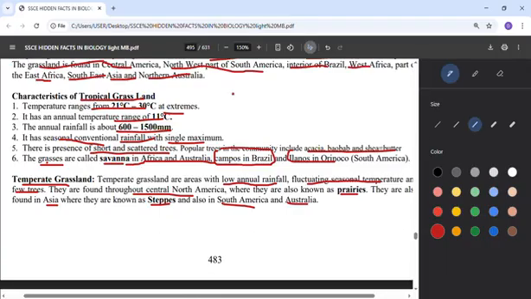And take note of special names like Campos, the name they call it in Brazil. Then Llanos in Orinoco, that's South America, they call savannas Llanos. Then we have Argentina calling it Pampas and the likes.